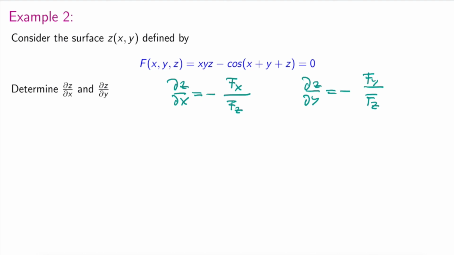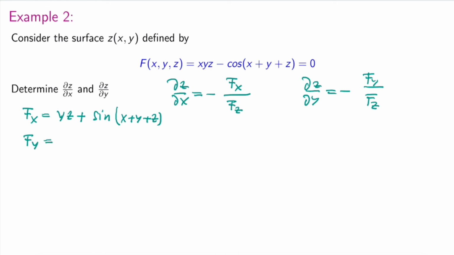Meaning, we just need to compute the partial derivatives of big F. So the x derivative, for the first term we keep yz, and then we differentiate the minus cos, which is a minus sign plus sign of x plus y plus z, and then the inner derivative of x plus y plus z with respect to x is just 1.